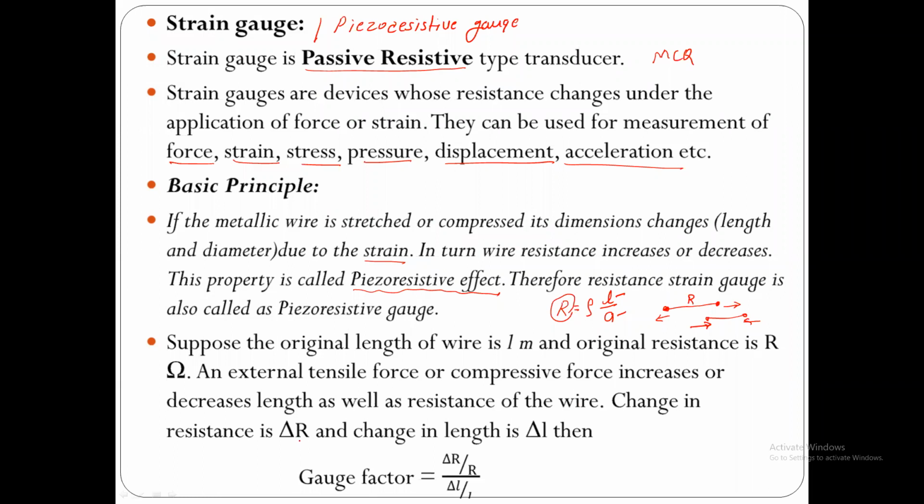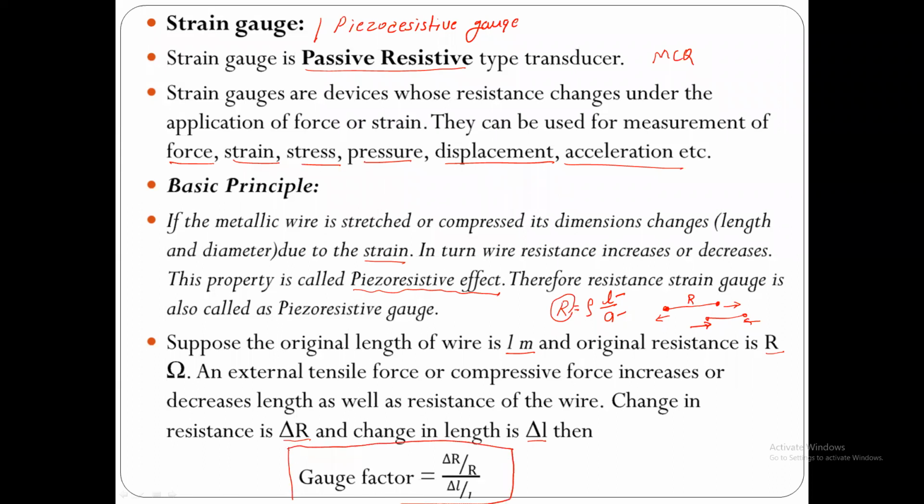So the change in resistance is delta R. Means before applying the force, its resistance is R ohm and its length is L meter. But after applying the force, the change in resistance is delta R and the change in length is delta L. Based on that, a factor can be calculated, and that factor is known as the gauge factor.